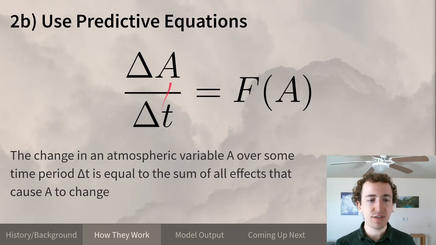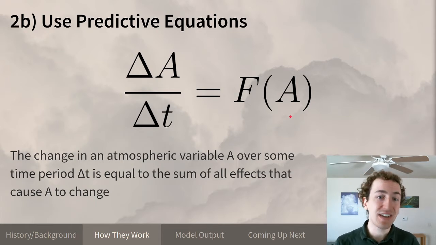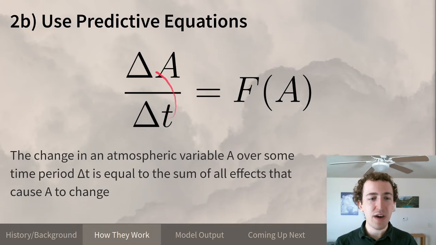So this rate of change is equal to the sum of everything that causes A to change. It makes very intuitive sense. We consider how A changes to be equal to the causes of things that make A change. But this is a discrete change in A over a discrete change in time.